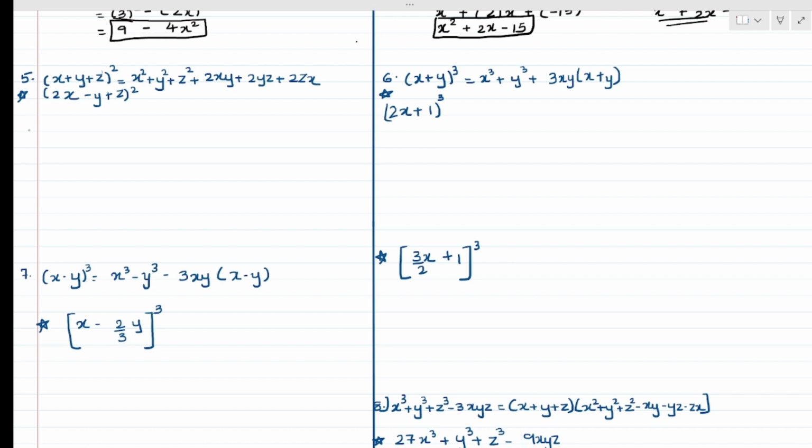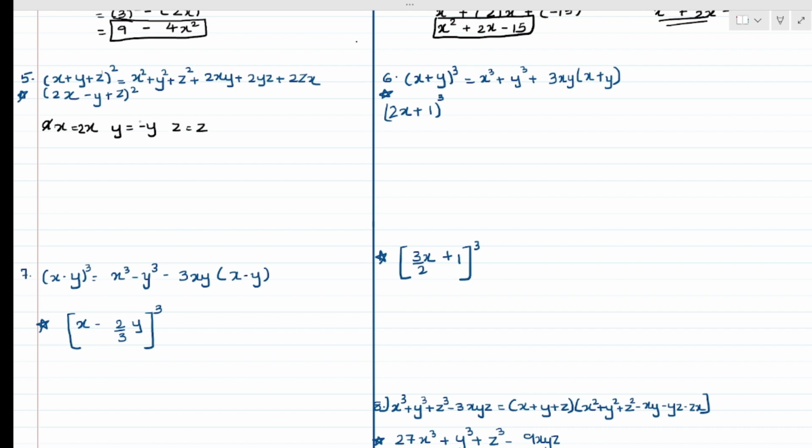So let's solve this. As our identity is in x, y, z format, for our equation, our x is 2x, our y is minus y, and our z is z.